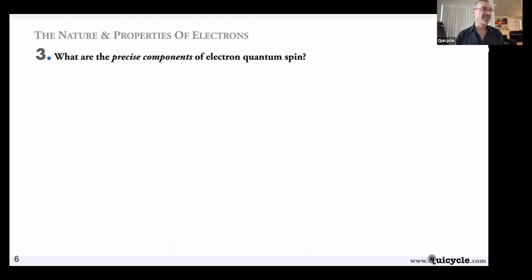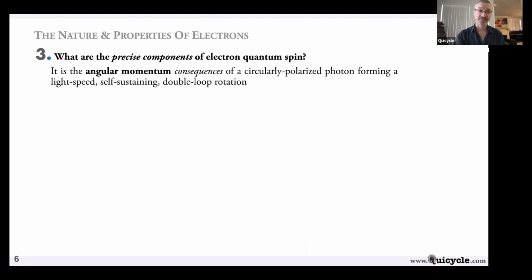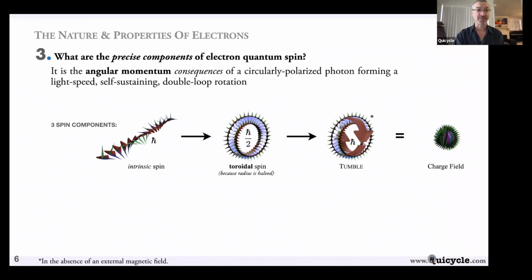So now that we understand the particle, what are the precise components of the electron's quantum spin? First of all, we can now understand that it is going to be the angular momentum consequences of a circularly polarized photon forming a double loop rotation at the speed of light. That's going to have angular momentum consequences that do the following. These will be the components of spin.